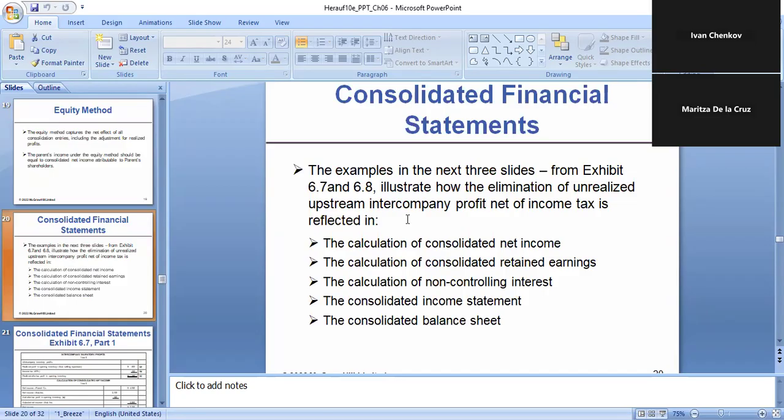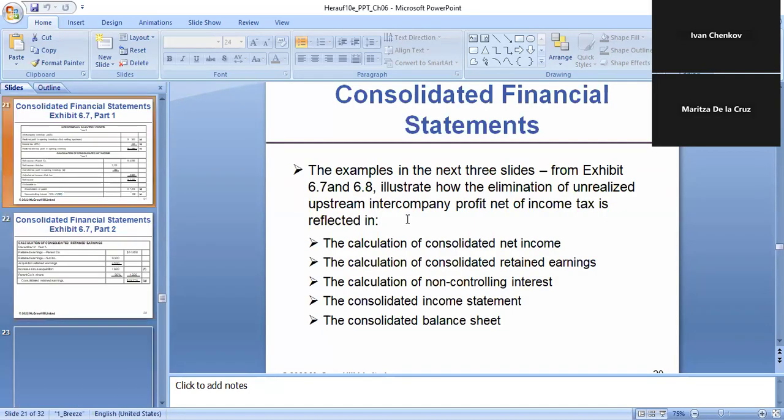First we have to start calculating consolidated net income. Then we have to calculate the consolidated retained earnings. Then we have to calculate the non-controlling interest. Then we have to prepare the consolidation of the income statement and consolidation of the balance sheet. Those are the steps that we have to follow in this case.